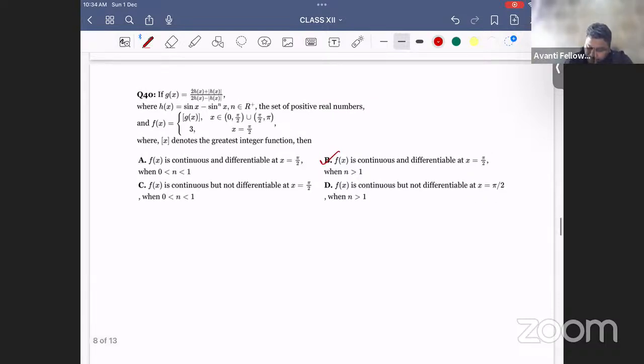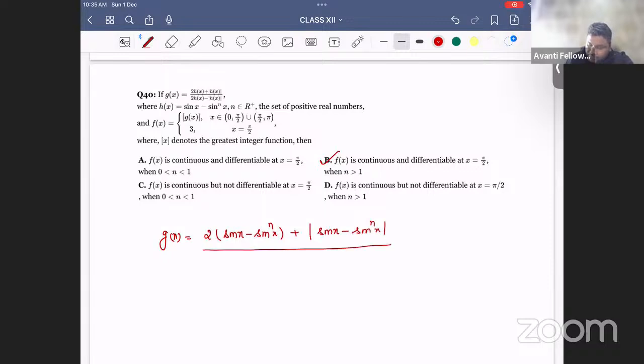See, your gx is 2 times (sin x minus sin to the power nx) plus mod of (sin x minus sin to the power nx) upon 2 times (sin x minus sin to the power nx) minus mod of (sin x minus sin to the power nx). Got it?